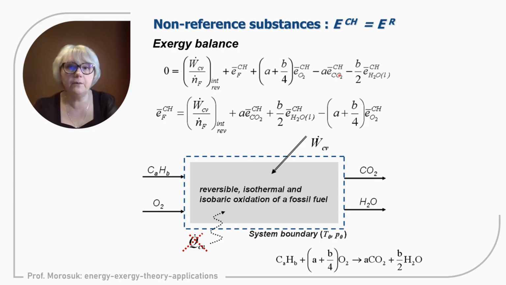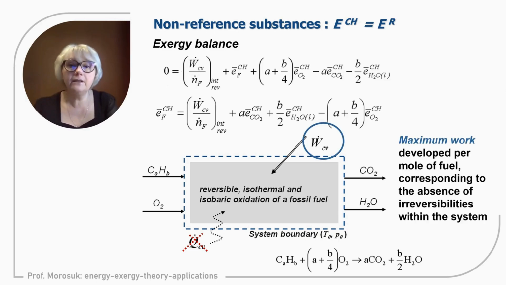As you can see, everywhere the standard exergy will be mentioned according to the exergy model that was selected for analysis. And the work is the maximum work developed per mole of fuel, taking into account that there will be no irreversibilities within this reactor, and heat transfer from the environment at temperature and pressure of the environment is, of course, from the exergetic point of view, zero.